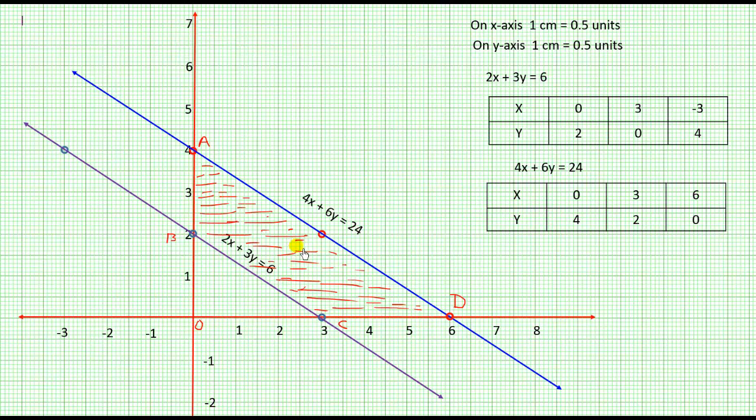To find the area of these two triangles, we need the formula area is equal to 1/2 base into height, and therefore we will require the base and height.